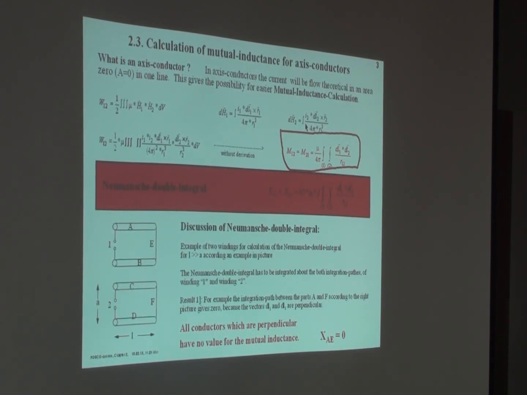In this case, and almost in all reactance calculations, we have conductors which are parallel or which are perpendicular. If we have parallel conductors, L1 times L2 is the product of their lengths.